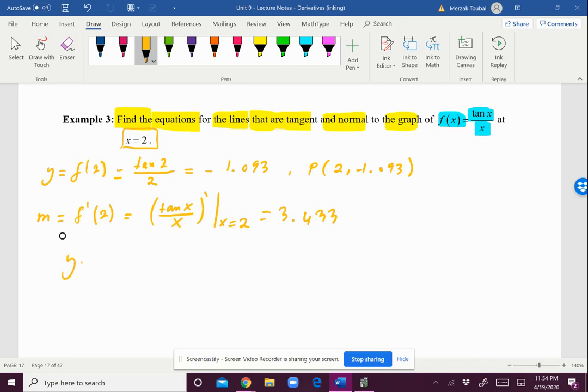Now I have a slope and a point on the line. So let's first write the tangent line equation.